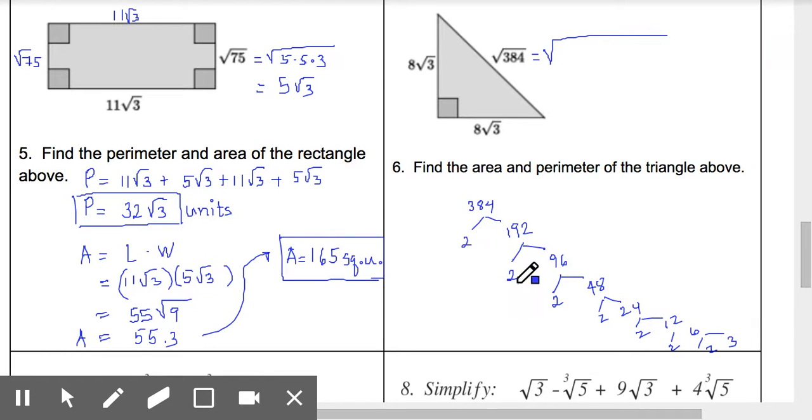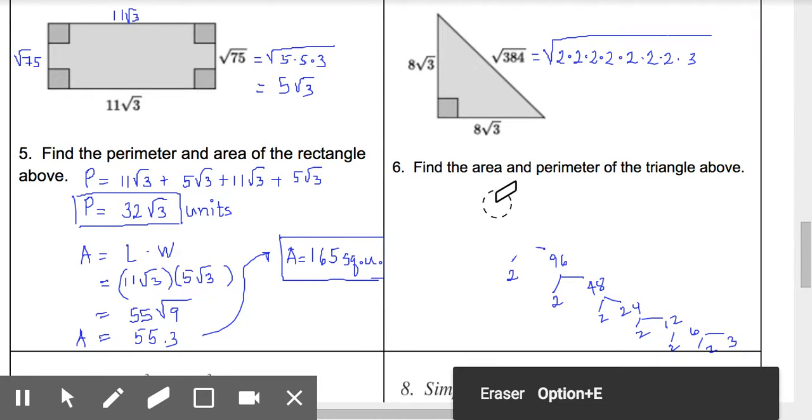So that's 1, 2, 3, 4, 5, 6, 7 2's and 1 3. So 2 times 2 times 2 times 2 times 2 times 2, 1, 2, 3, 4, 5, 6 times 2, times 3.